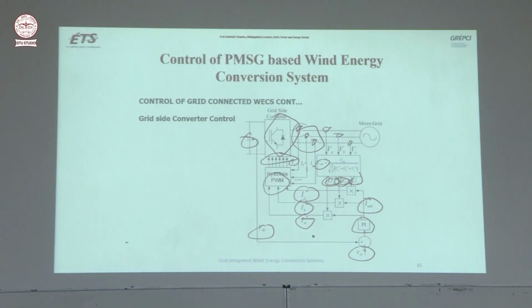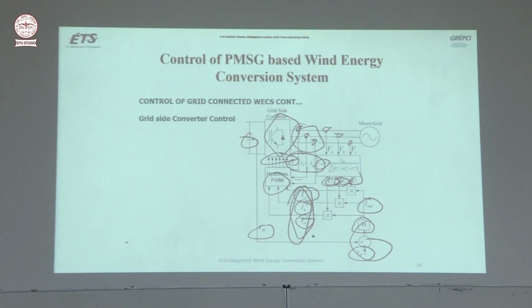So what is basically happening? You are trying to keep the VDC constant. So how will you keep the VDC constant? Because from the other side, power is constantly being shifted to the DC link, and your objective is to keep the DC link voltage constant. So power will be transferred from the DC link to the grid automatically. And at the same time, your grid current, these are the reference and these are the actual, will be kept sinusoidal.